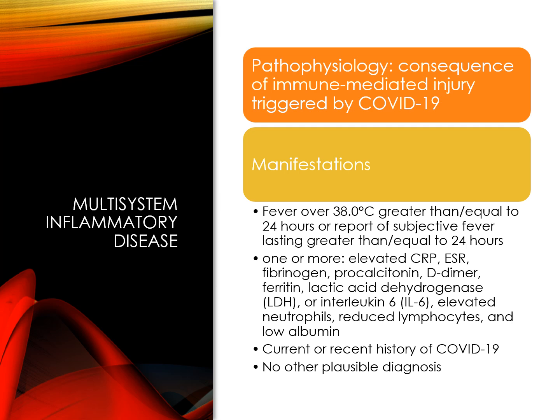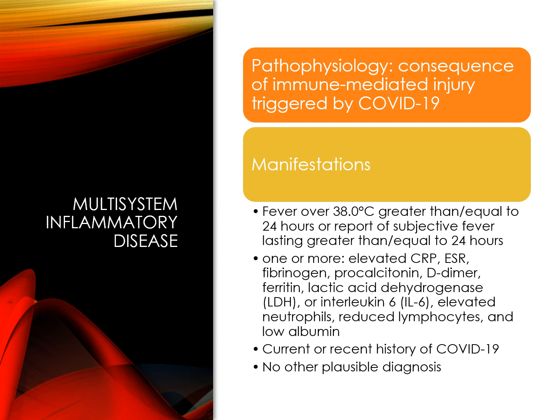They have elevated labs, which include their CRP and ESR. They have elevated fibrinogen, procalcitonin, D-dimers, ferritin, lactic acid, or interleukin-6, elevated neutrophils, reduced lymphocytes, and low albumin. So these are all labs that we would see if we were suspecting MIS-C.